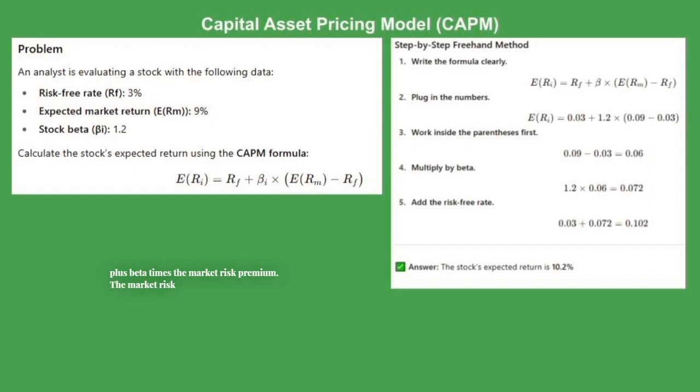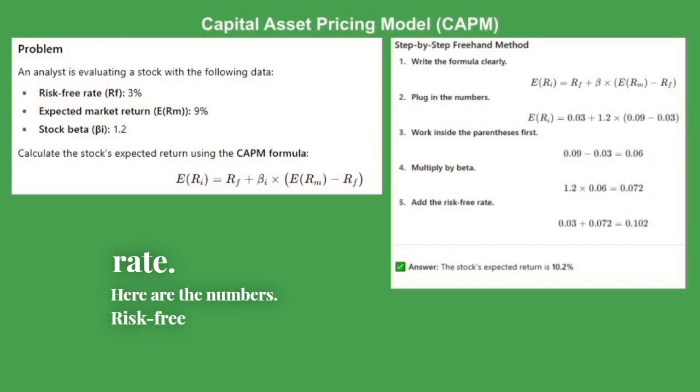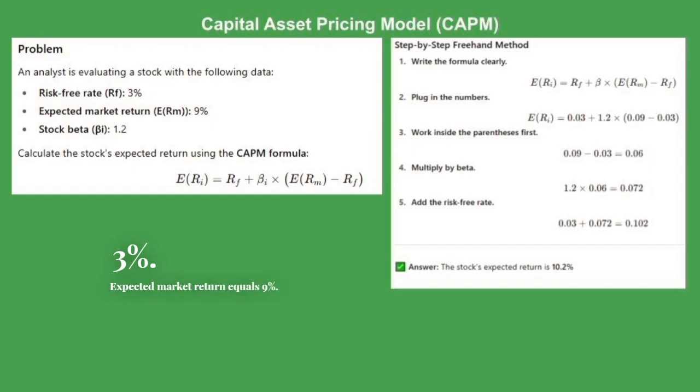The market risk premium is the expected market return minus the risk-free rate. Here are the numbers. Risk-free rate equals 3%. Expected market return equals 9%. Beta equals 1.2.